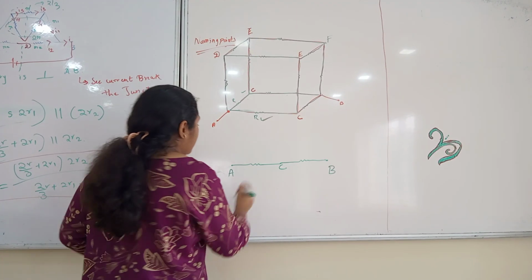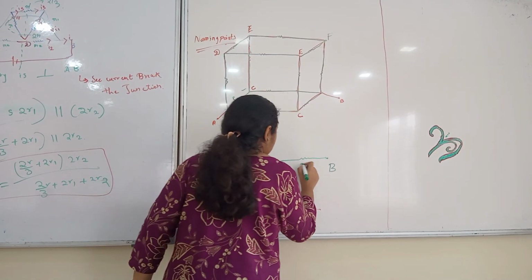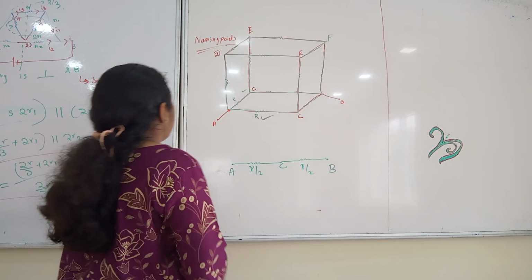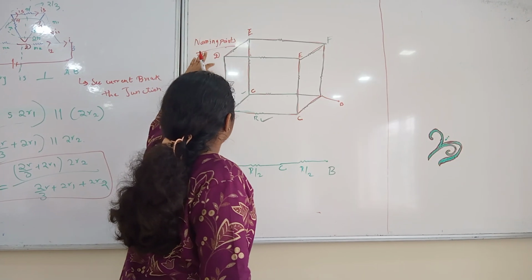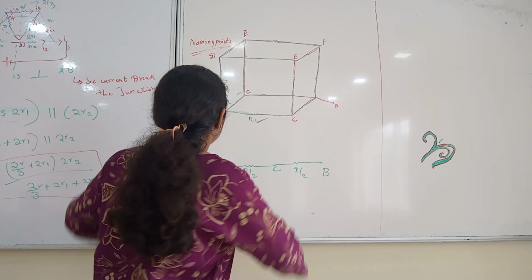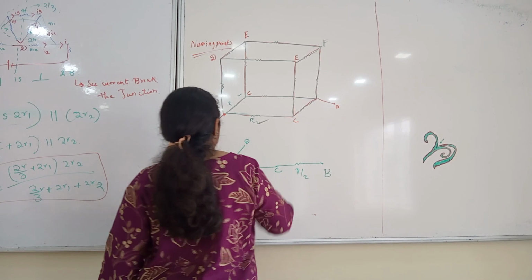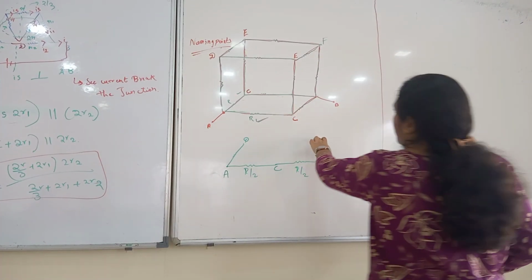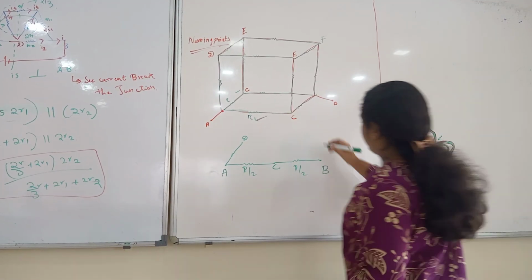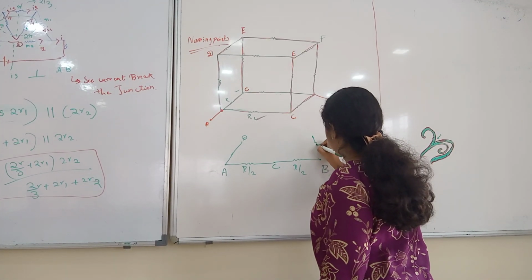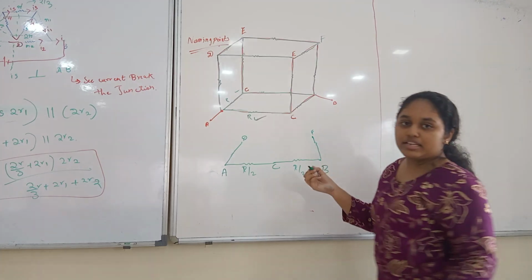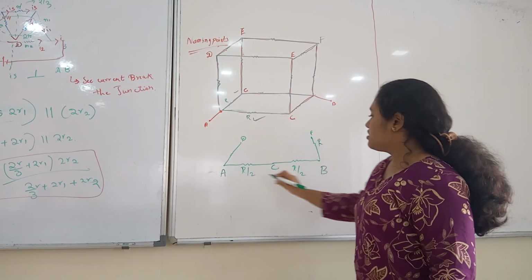So we'll get here R by 2, here R by 2. Okay. Now A say D. So we'll take A say D. From B to F. So we'll take B to F. A तो कुछ सीरीज पैरेलल नहीं है, इंडिपेंडेंट पॉइंट्स है R.